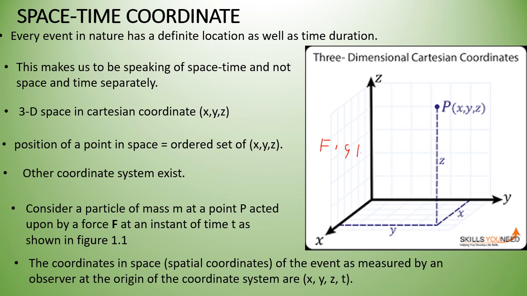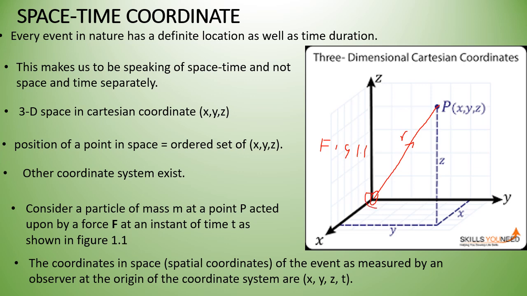The position is here in terms of x, y, z. So we have this as our position vector r with reference to the origin here. This is the center, the origin. So the coordinate in space, which is the spatial coordinates x, y, z of the event as measured by an observer at the origin, which is this origin.